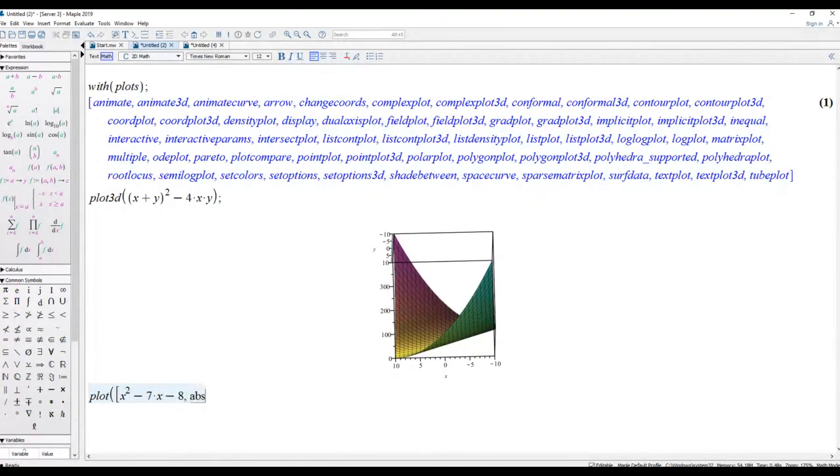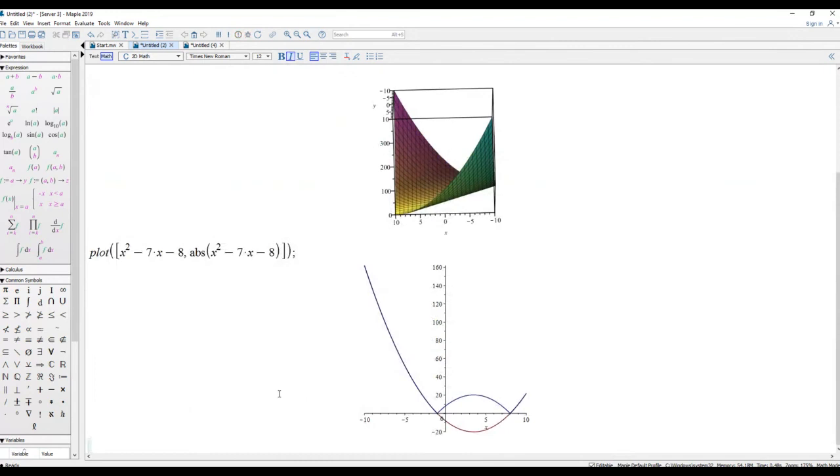I'm going to do the absolute value of that. Okay, so for absolute value, you can just use ABS, or you can use these common symbols over here on the right-hand side. So you don't actually need to know the command, which is nice.